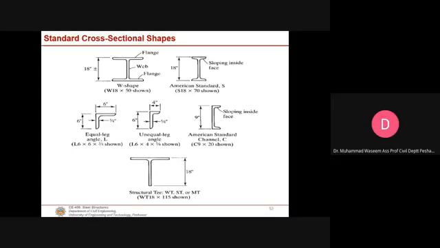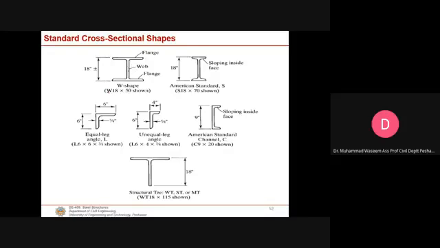These shapes are known as wide flange sections, or W sections. If you look at this section, it is like an H. Now they are designated by specific nomenclature. The first term represents the shape, W section or wide flange section.